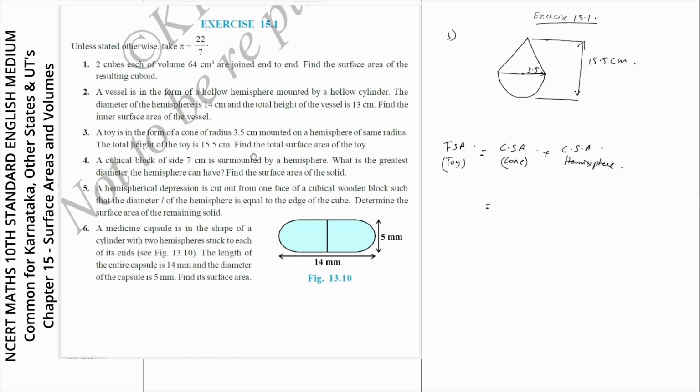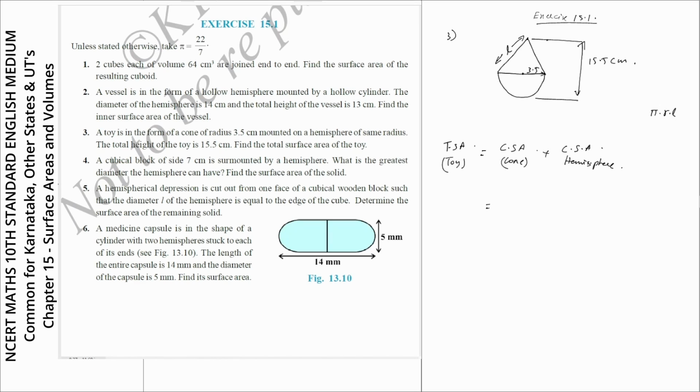Curved surface area of cone is given by pi into r into L, where L is the slant height. Now before we can proceed, we should find the slant height, that is L.